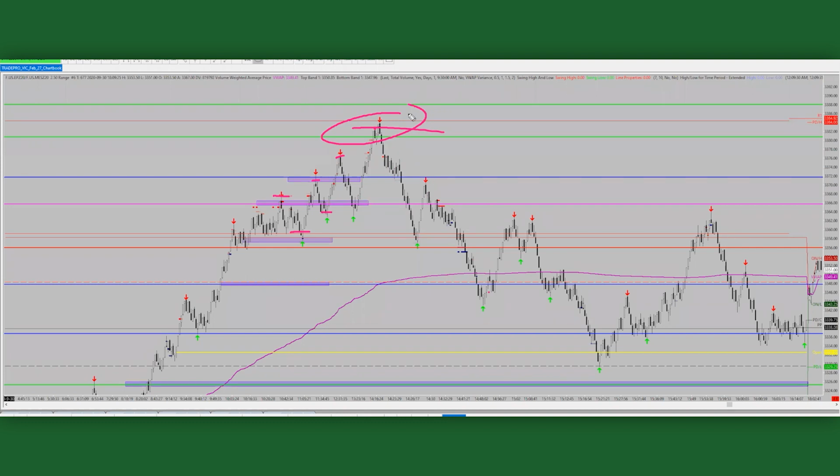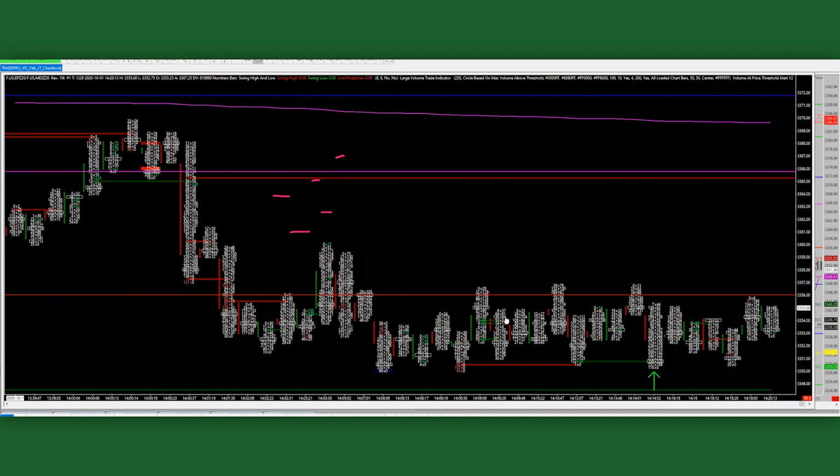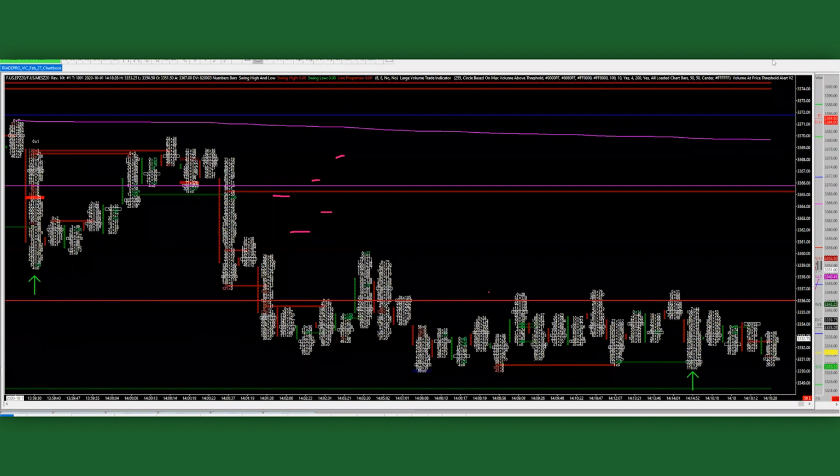Now, speaking of exhaustion, we've got to talk about order flow. Order flow tells us very well where the bottoms or the tops of these markets may be, based on market participation, right? What order flow tells us in these circumstances is where there are strong market buyers and strong market sellers.